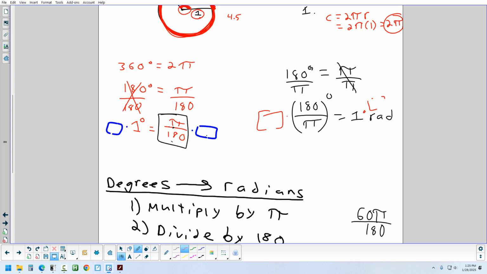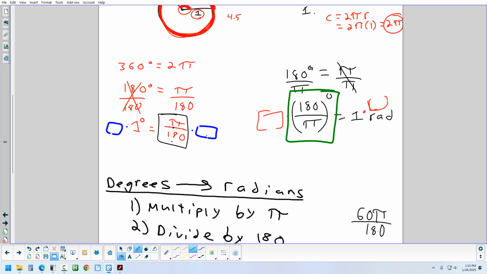Then there would be a 6. Multiply the right side by 6, multiply the left side by 6, and you'd have 6 radians equals, and then you'd have something you can do. So that's what's important this time.